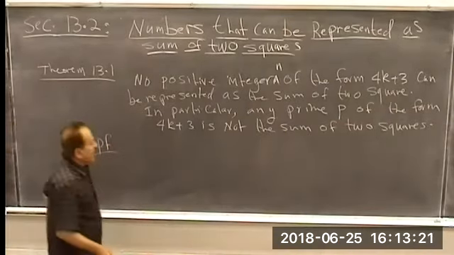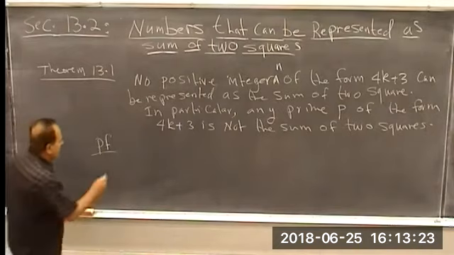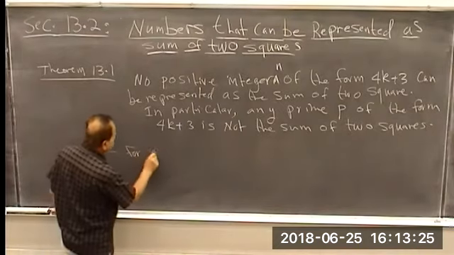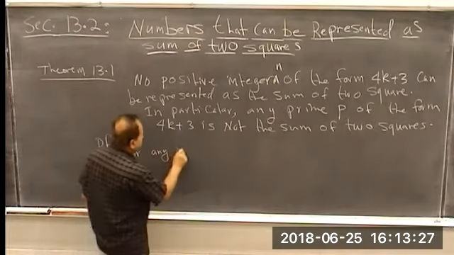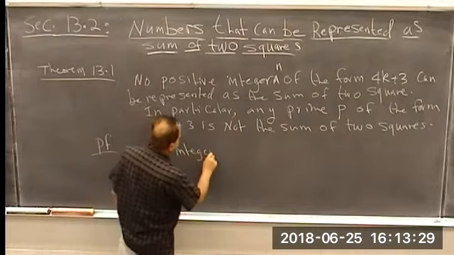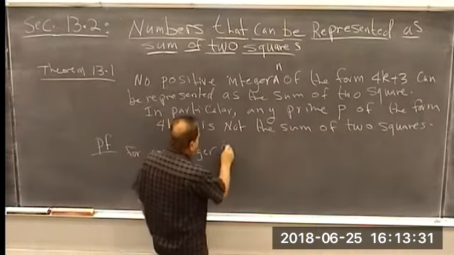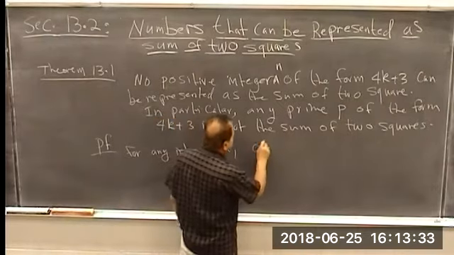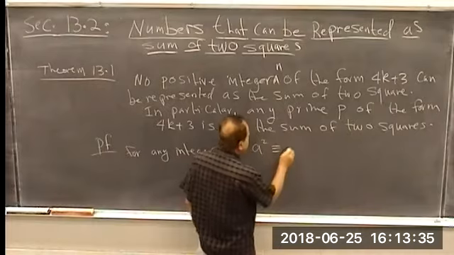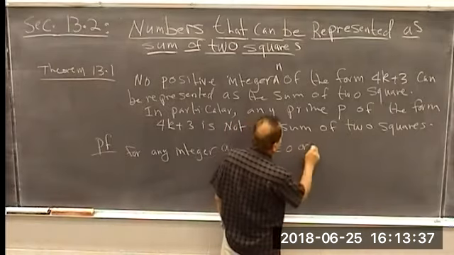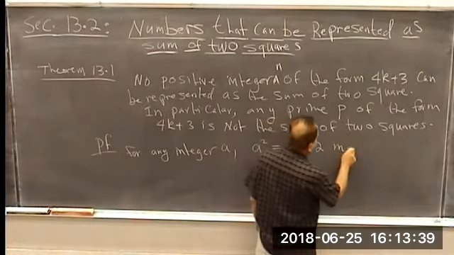You know that for any integer a, we have a squared is congruent to 0 or 1 mod 4.